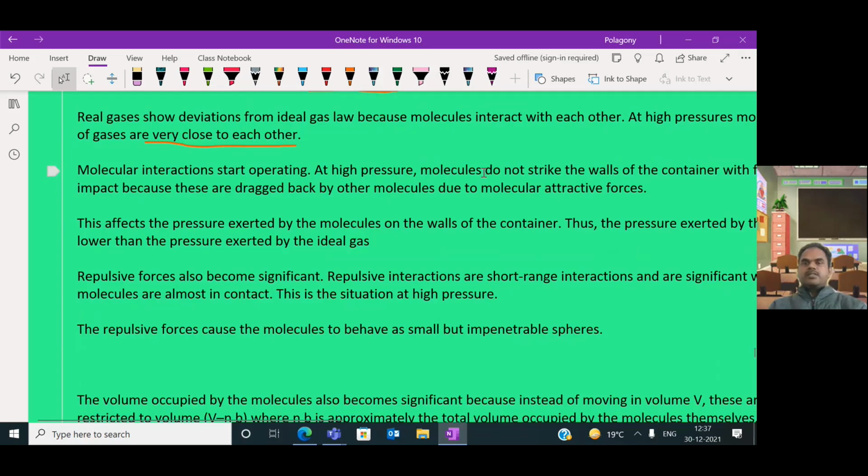Molecules do not strike the walls of the container because they are dragged back by other molecules due to molecular attractive forces. This affects the pressure exerted by the molecules on the walls of the container. Thus, the pressure exerted by the real gas is lower than the pressure exerted by the ideal gas.